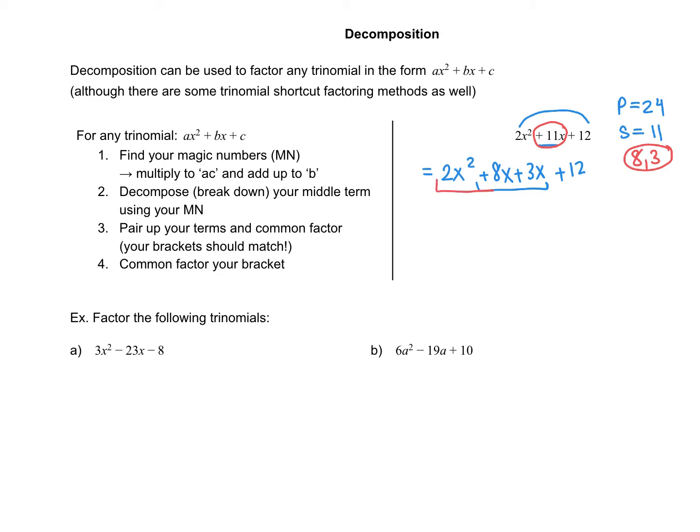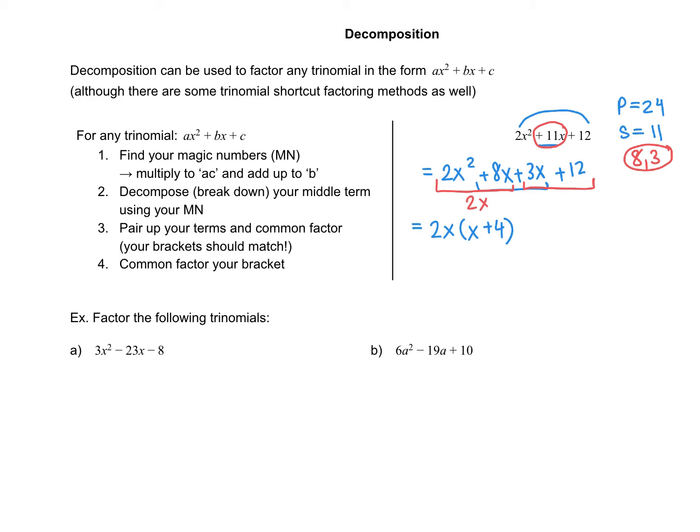So if we think back to greatest common factoring and grouping, we're going to pair up our terms and we're going to find a common factor in each pair. So in 2x squared plus 8x, 2x is a common factor. So I factor out that 2x, and then 2x squared divided by 2x is x, and 8x divided by 2x is 4.